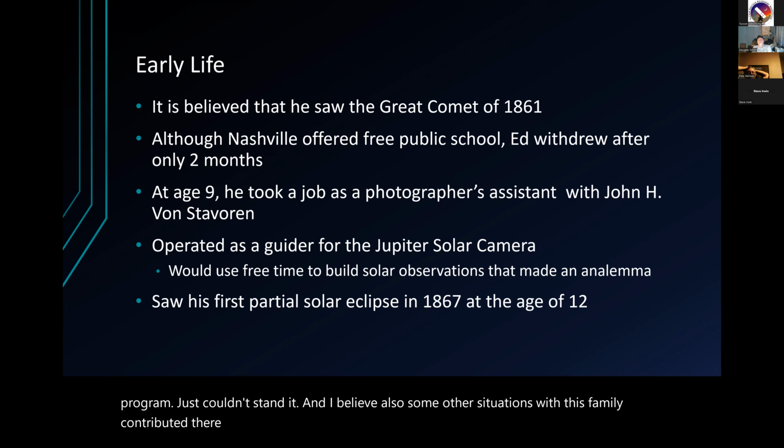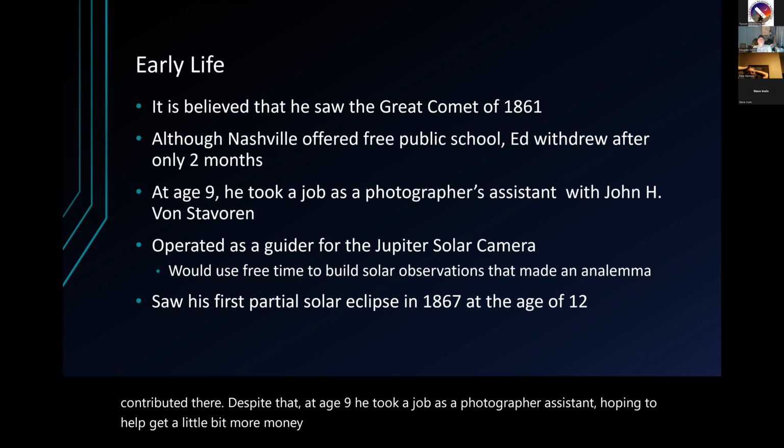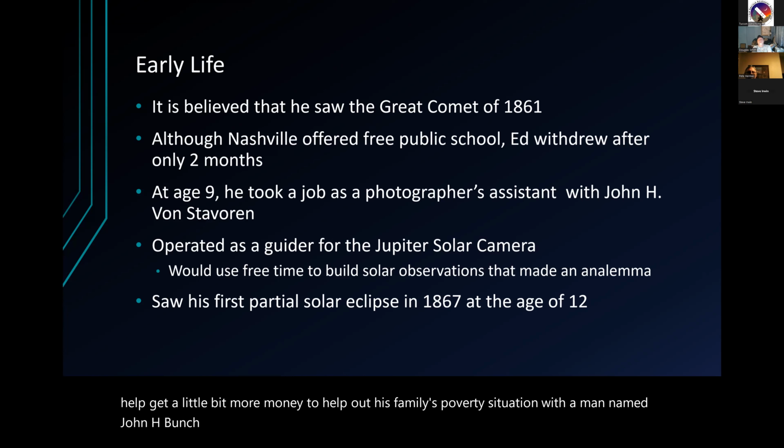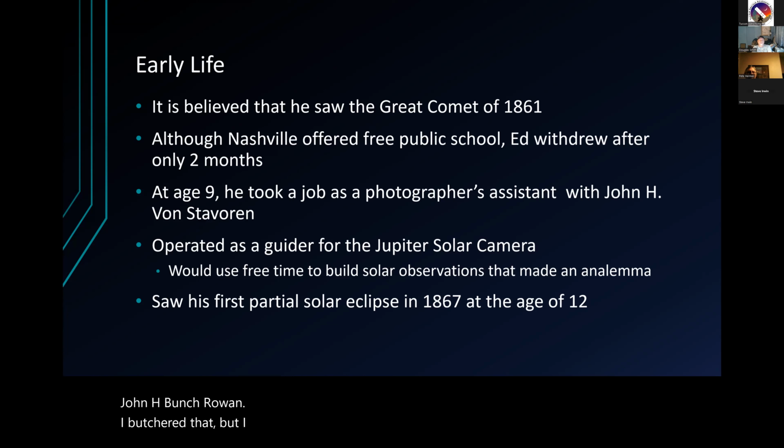Despite that, at age 9, he took a job as a photographer's assistant, hoping to help get a little bit more money to help out his family's poverty situation, with a man named John H. von Strovoen. I butchered that, but I apologize. Curiously, though, this isn't your normal type of photography job.